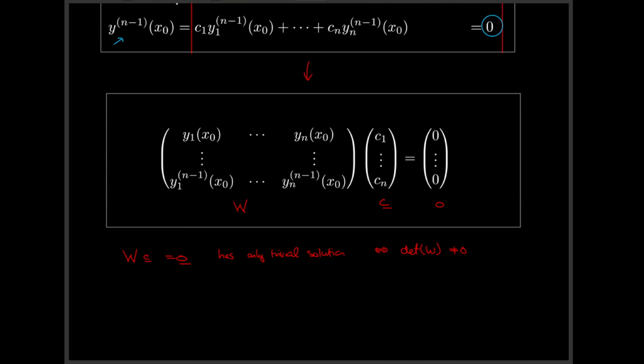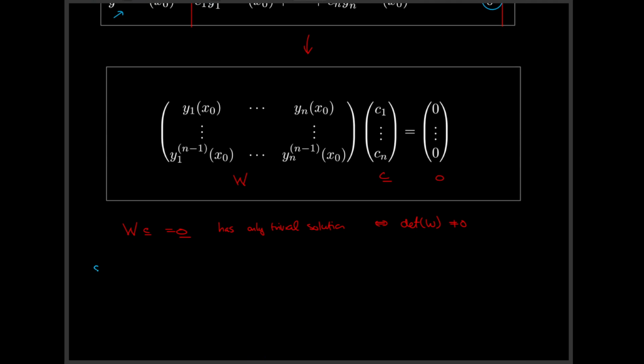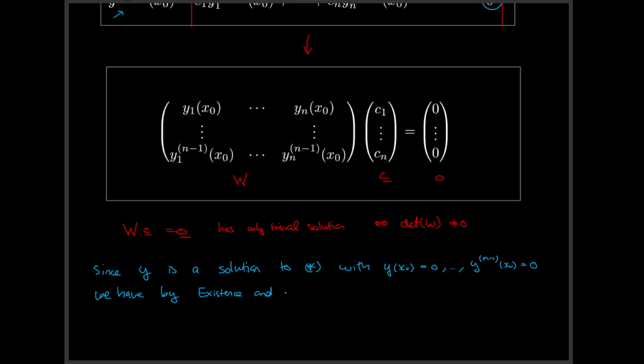To say that again: since y is a solution to our differential equation with y of x0 equal to 0, and this continues all the way up to the (n minus 1)th derivative of y at x0 equal to 0, we must have, by the existence and uniqueness theorem, that y is equal to 0.